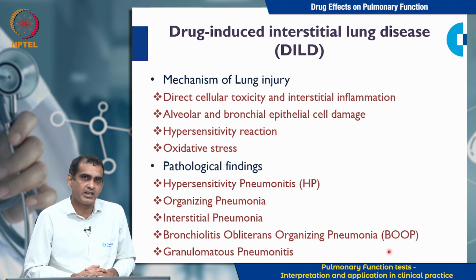Then hypersensitivity reaction, we have seen IgE can play a role, and inflammatory mediators like tumor necrosis factor, cytokines and interleukins, all of them can play a role in this, and oxidative stress. And these injuries can lead to multiple pathological findings in ILD: hypersensitivity pneumonitis, organizing pneumonia, interstitial pneumonia, rarely BOOP. What is BOOP? It is bronchiolitis obliterans organizing pneumonia, and sometimes granulomatous pneumonitis.